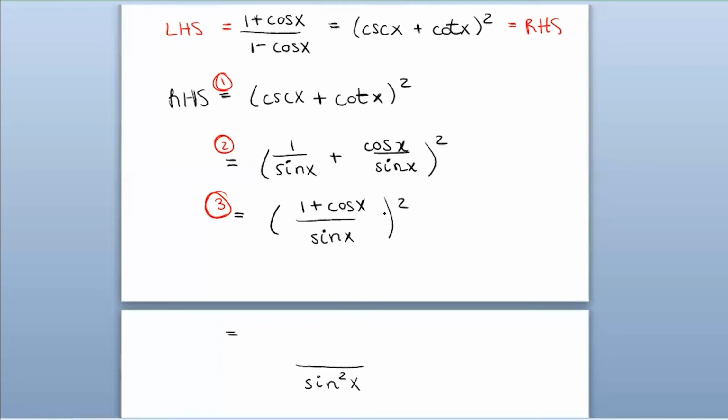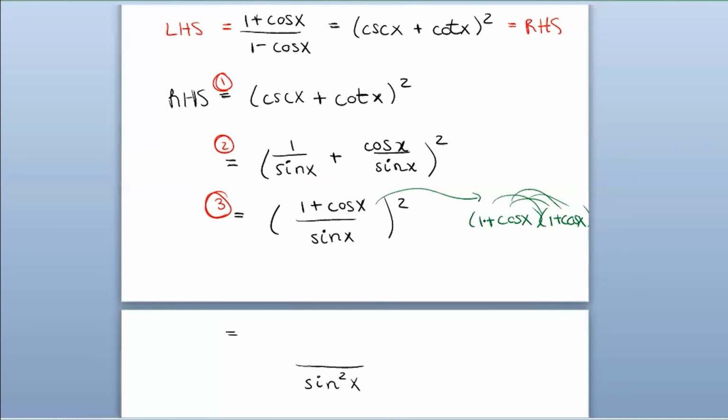But when I square the numerator, I'm going to be careful. I could actually square out, 1 plus cosine x times 1 plus cosine x, and I can go ahead and FOIL and get an actual answer here.